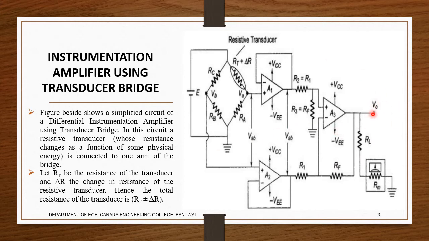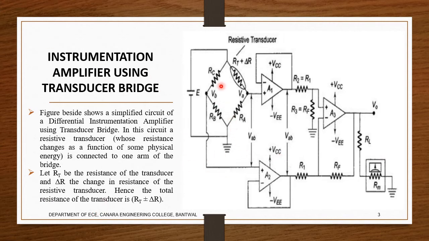This V naught is connected to whichever device we require, for example to display the voltage as a temperature or any other physical quantity, such as weight. So this acts as another unit where the data has to be displayed.